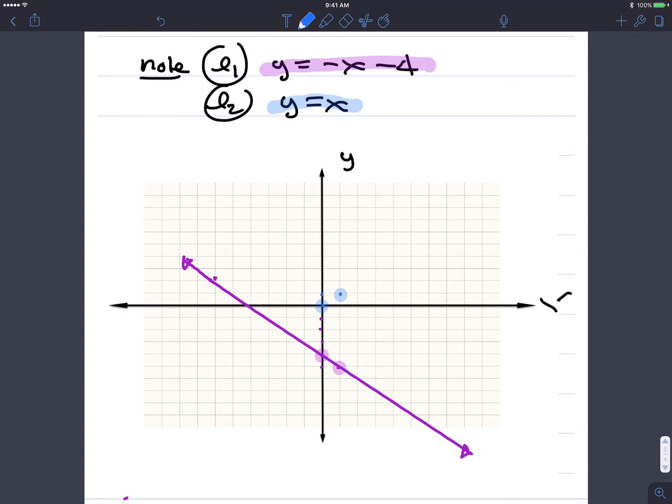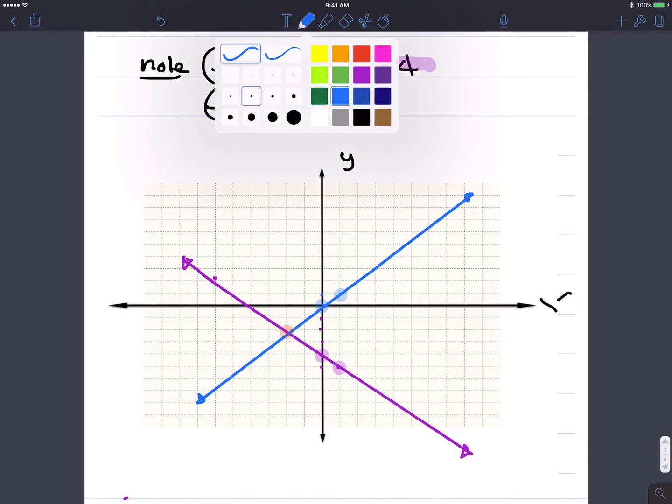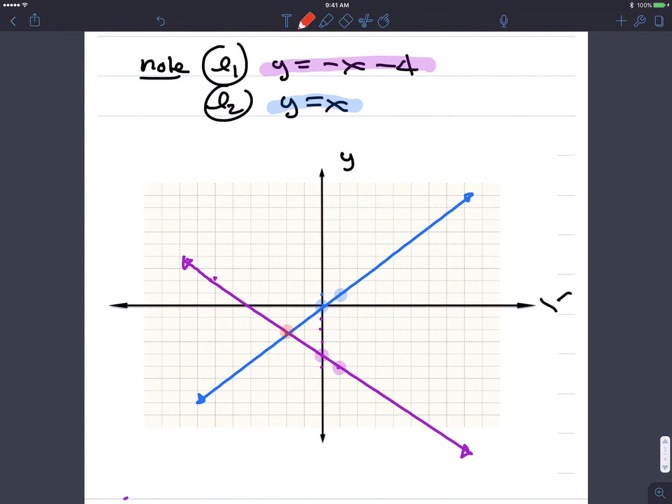Let's draw a line. Okay. As you can see, it looks as if the point of intersection is right here.